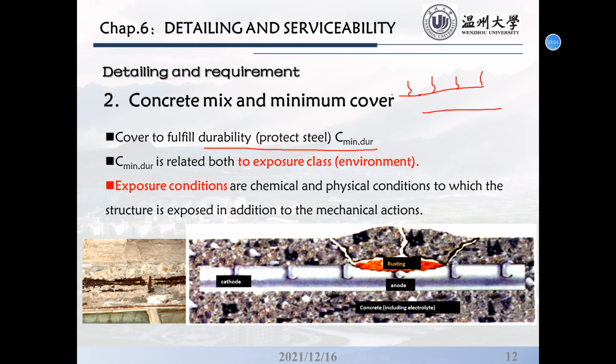Because in the early stage, China did not have much money, was not rich, so people wanted to save materials, and the cover was not enough. So that has caused a lot of problems these days.